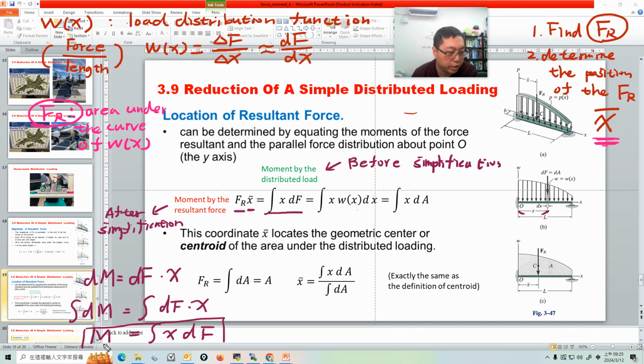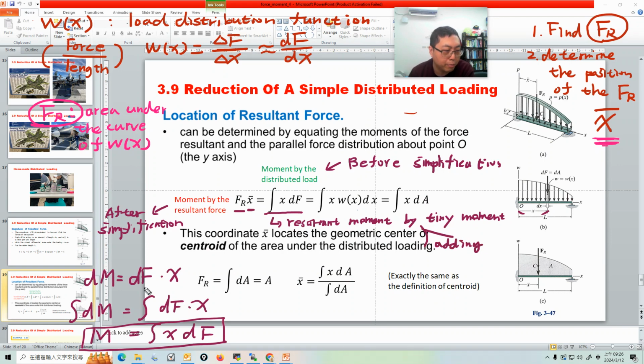So that's the meaning of this x df: the resultant moment caused by tiny force, the resultant moment by tiny moments. The resultant moment is what we get when we add all the tiny moments together.